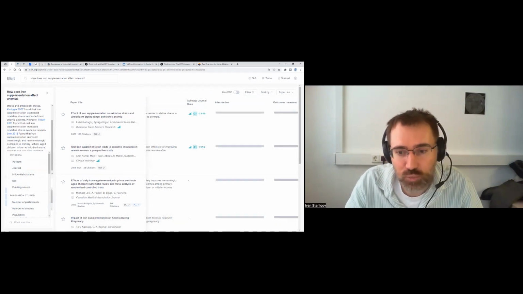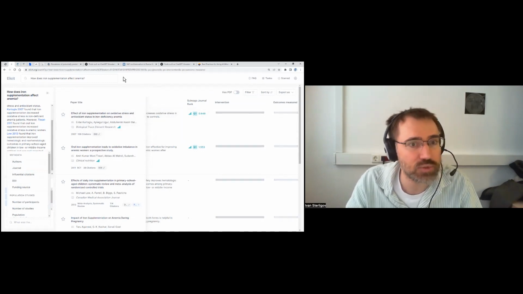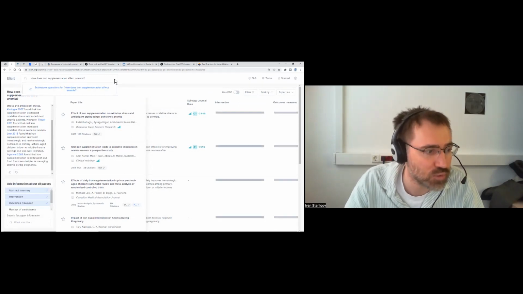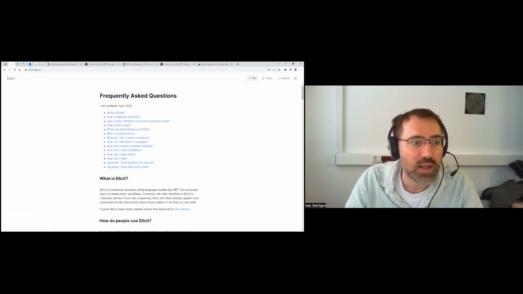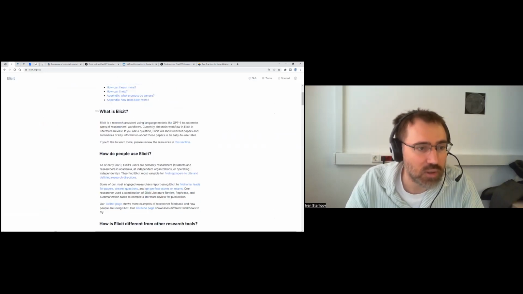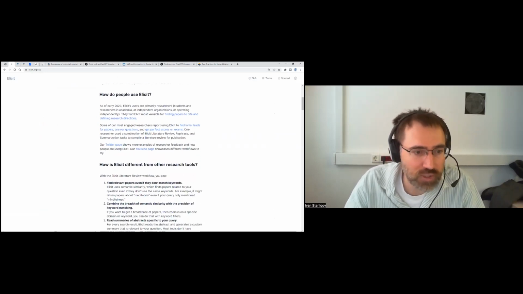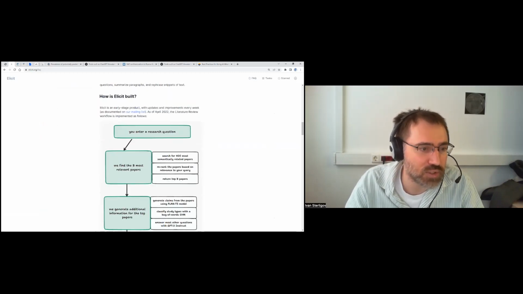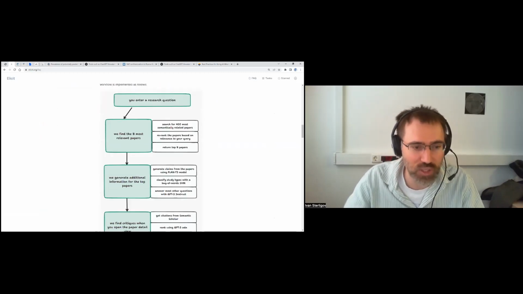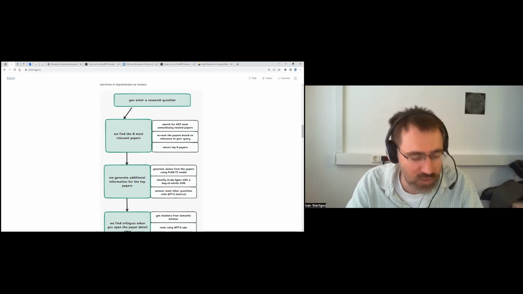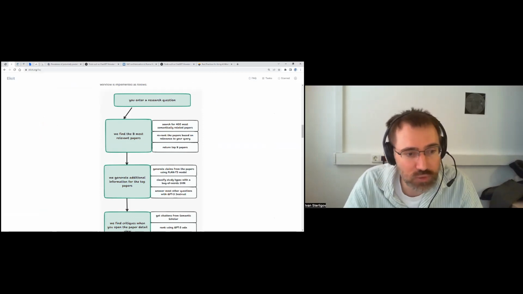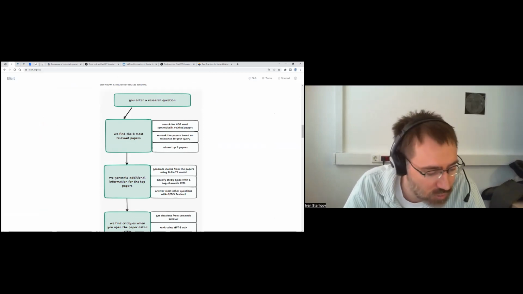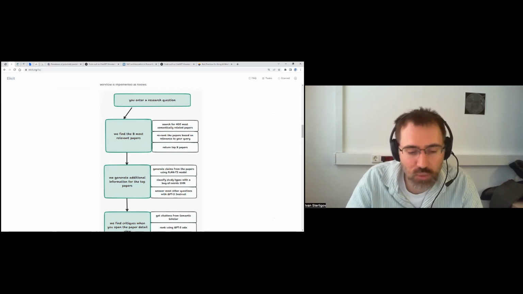So I suggest you experiment with Elicit yourselves. Try your research questions that are of interest to you. It is built on the scholarly corpus of Semantic Scholar, and this is if you are interested exactly how it produces these summaries, which is very important because ChatGPT is not exactly scientific in the sense that we don't know how it works.